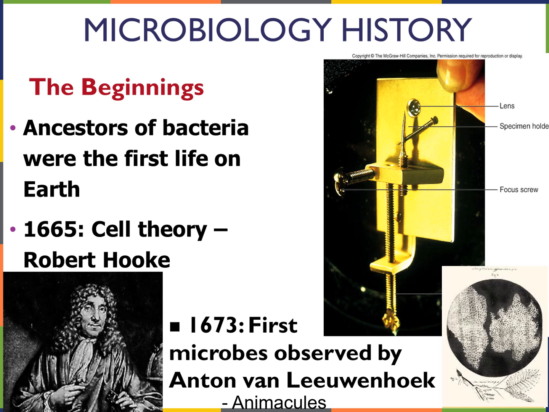And the bedrooms were lined up in an organizational pattern that reminded him of the leaf pattern. And so he termed each square or each box of the leaf a cell. So he is the first person to ever use the term cell in a scientific context.